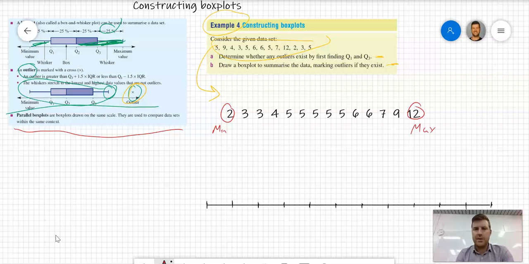Now, the next thing to do is work out my Q2, my median value, my middle value. So let's work out how many numbers I have. 1, 2, 3, 4, 5, 6, 7, 8, 9, 10, 11, 12, 13, 14. 14 plus 1 is 15. Divide that by 2 is 7.5.